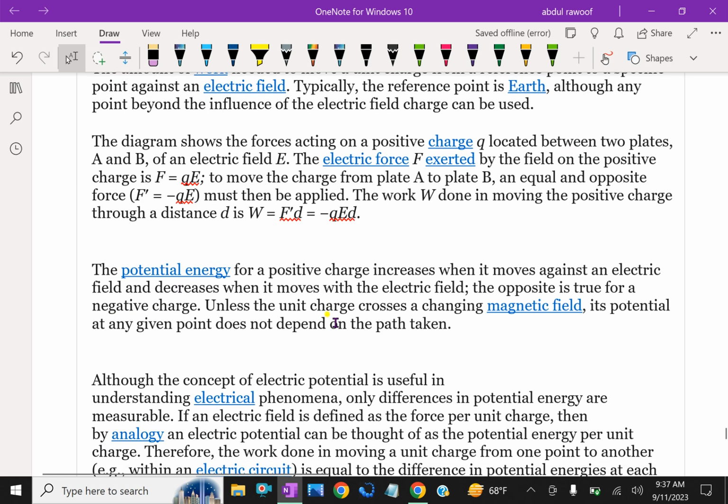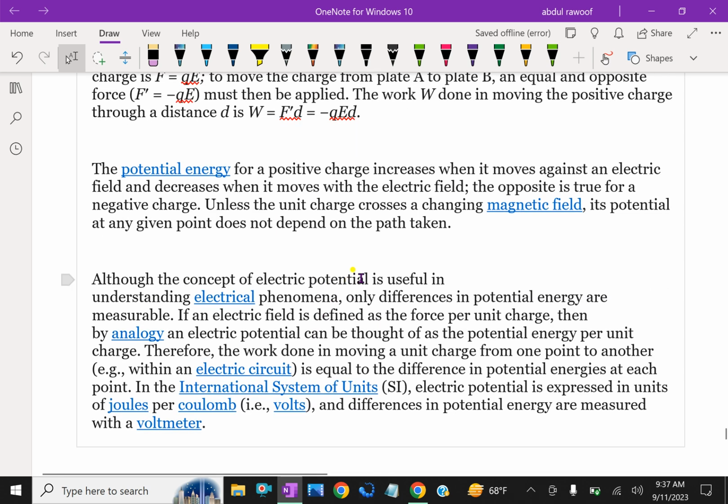The potential energy for a positive charge increases when it moves against an electric field and decreases when it moves with the electric field. The opposite is also true. Unless the unit charge crosses a changing magnetic field, its potential at any given point does not depend on the path taken. This, for the magnetic field, we'll discuss later.